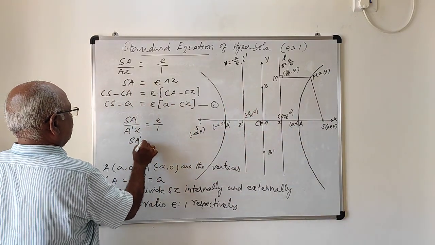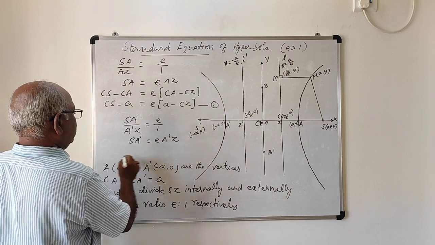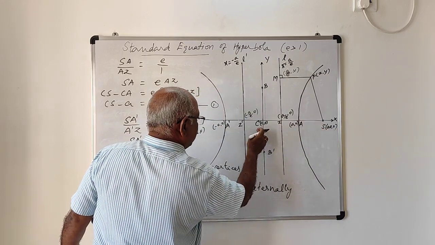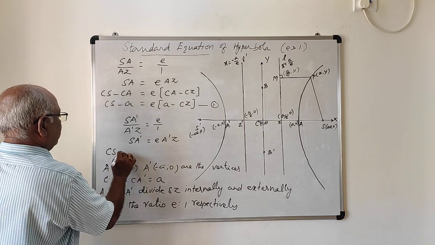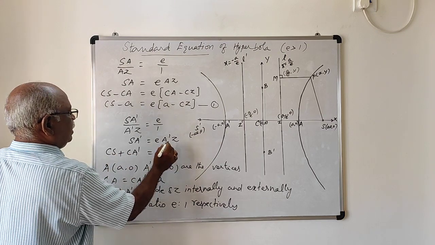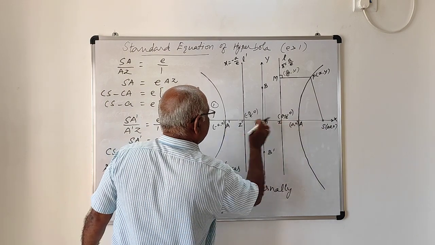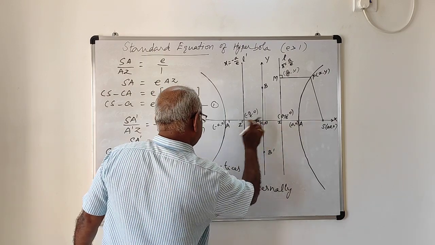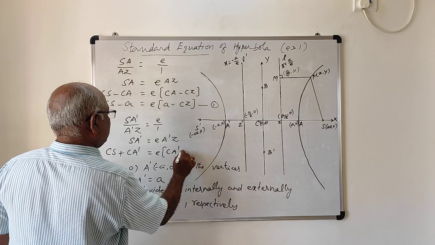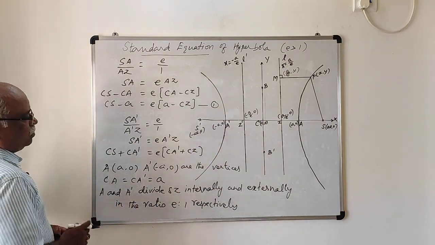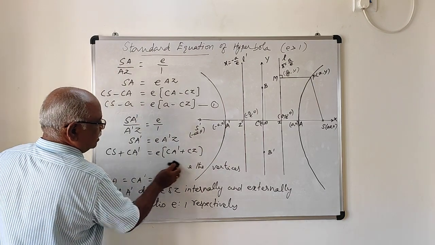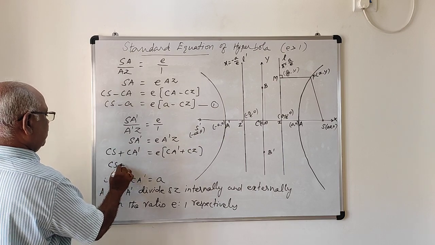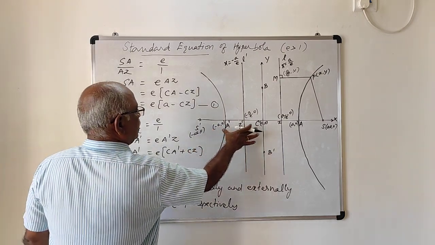Therefore, SA dash equals e into A dash Z. SA dash is CS plus CA dash, and A dash Z is CA dash plus CZ. CA dash is also a.